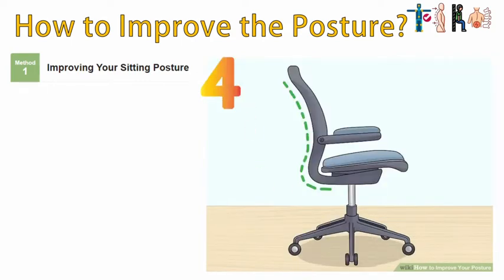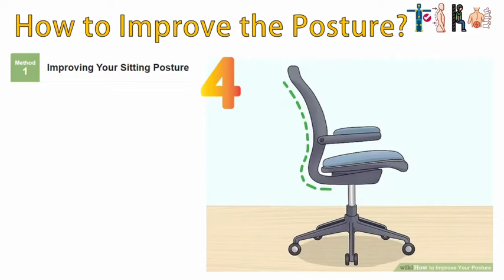Number four, find a supportive chair to help you maintain good posture. Use a chair that's ergonomically designed for proper support, meaning it supports all of your back, even the curve at the bottom. Also make sure it's designed for your height and weight.